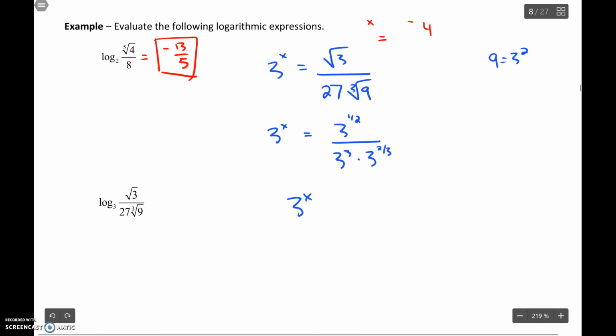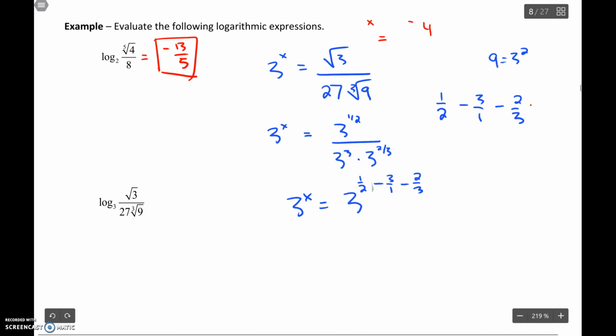So 3 to the x equals 3 to the 1/2 minus 3 over 1 minus 2 over 3. I take the top, subtract the 2 power exponents from the bottom. So what is 1/2 minus 3 over 1 minus 2 over 3?